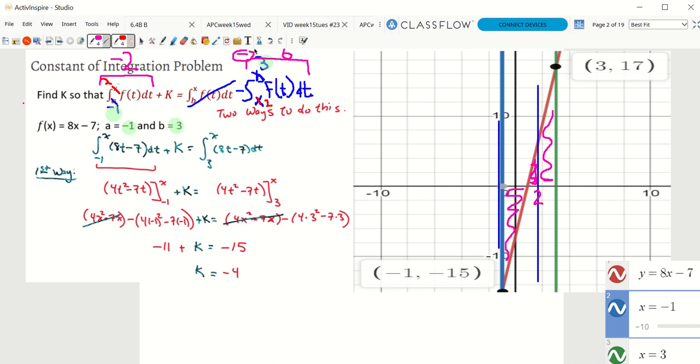Now, because of this negative right here, when you solve for this, I hypothetically chose these numbers so that it lines up with the k value that it actually becomes later on. I didn't show you how to find k. Just trust that it's going to be -4. I'm going to explain it in a little bit. So we're solving backwards for this k.